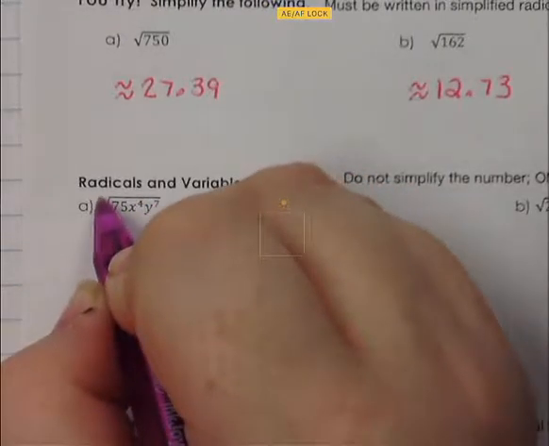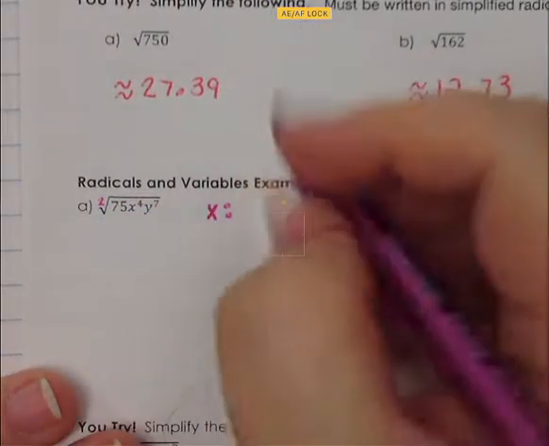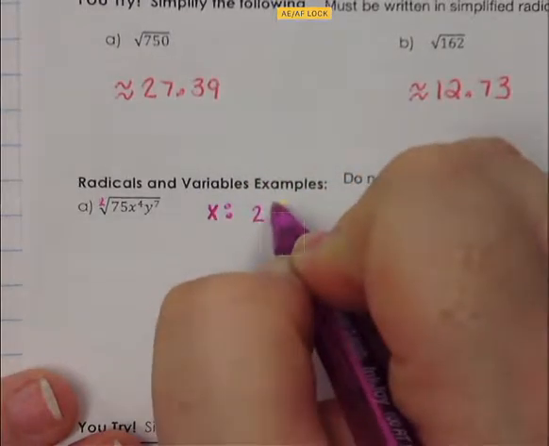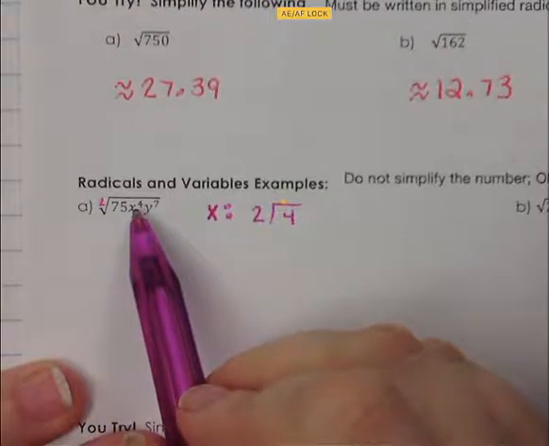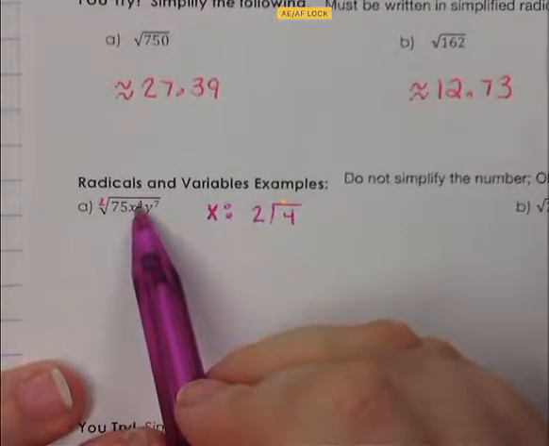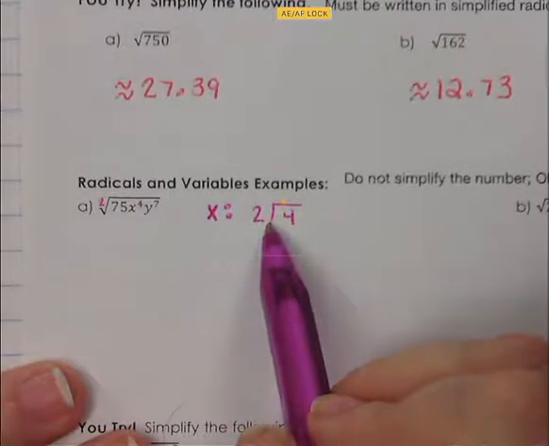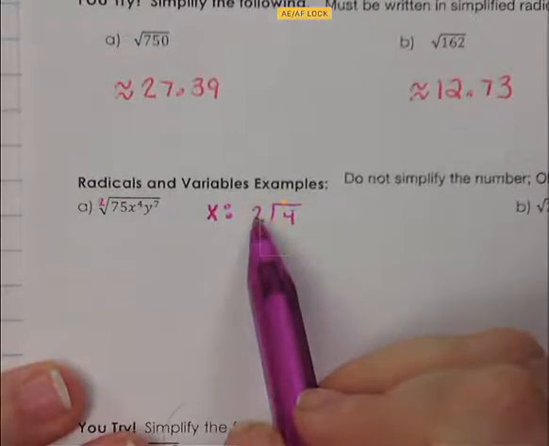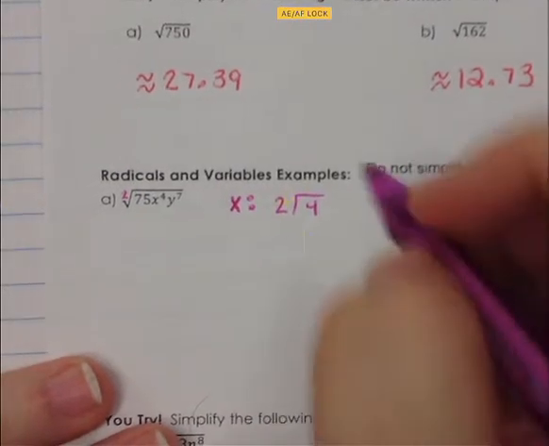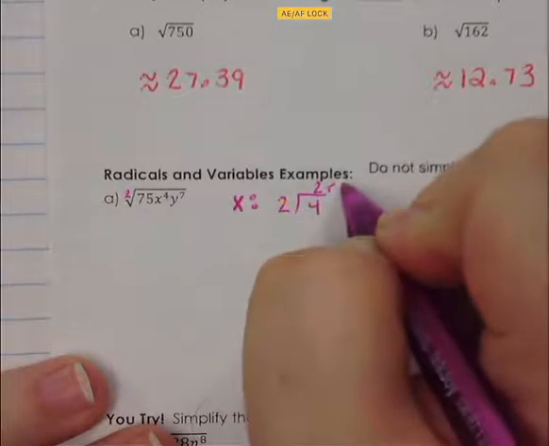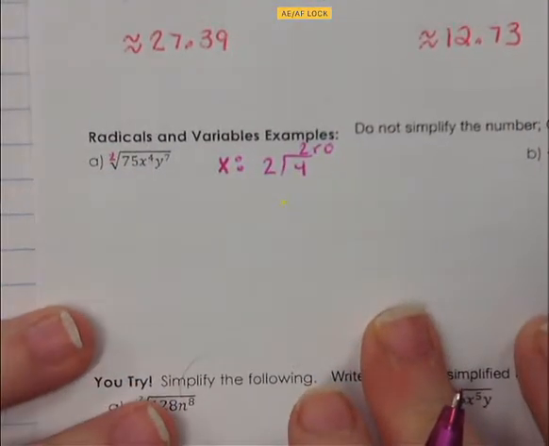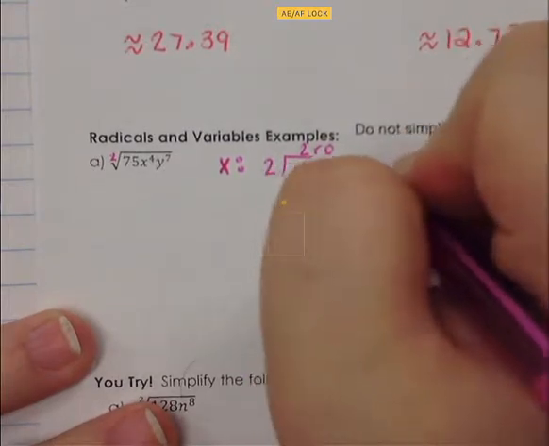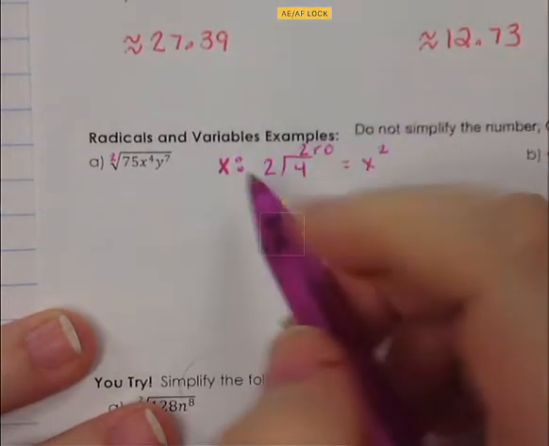Our index is 2, so 2 goes into 4. Now the square root of x to the 4th is a perfect square already, so I want to show you how that comes into play. So 2 goes into 4 2 times with the remainder of 0. This is just basic long division. What that means is that this is going to be an x squared, because this is an x.